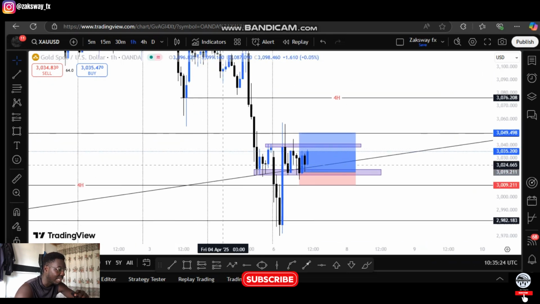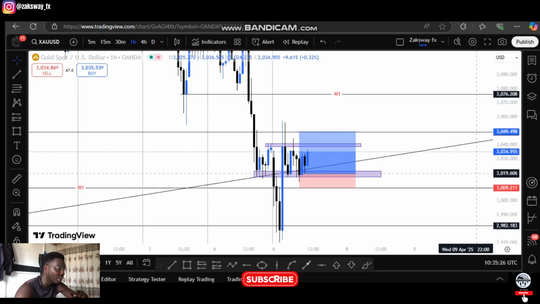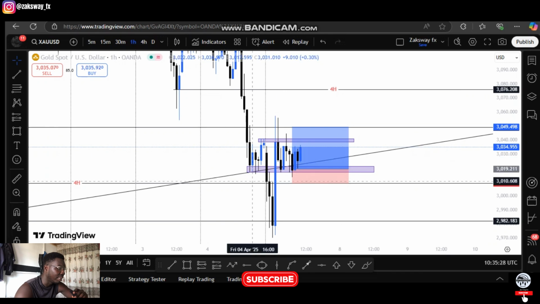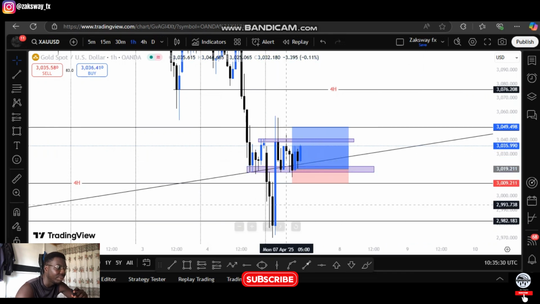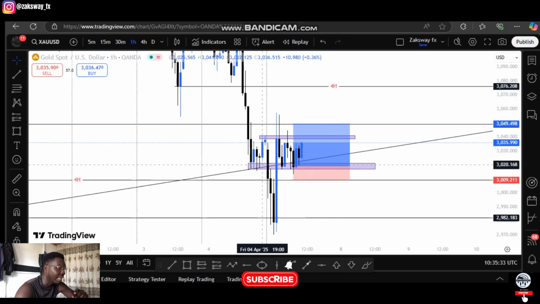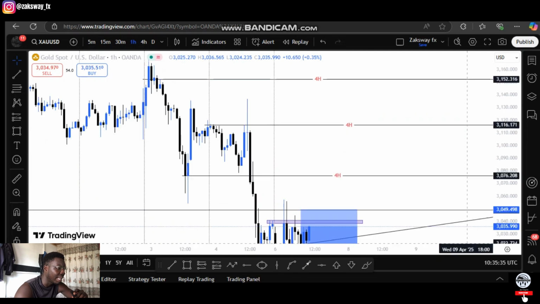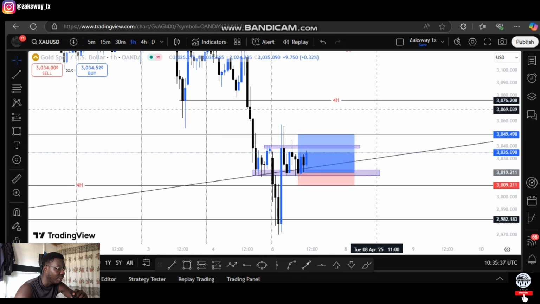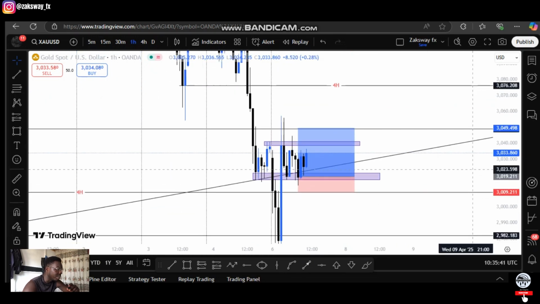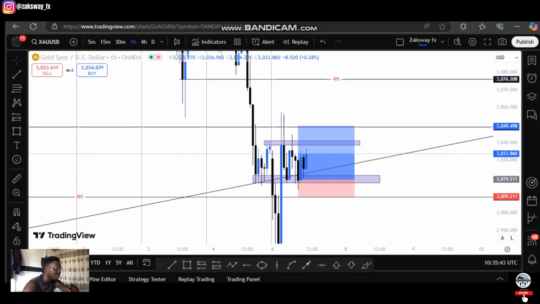I saw that price created a head and shoulder pattern, and it looks like on the third tap of the trend line, price is creating a head and shoulder pattern after this massive drop. So all I needed to do was wait for price to come back to a suitable zone for me to get an entry.